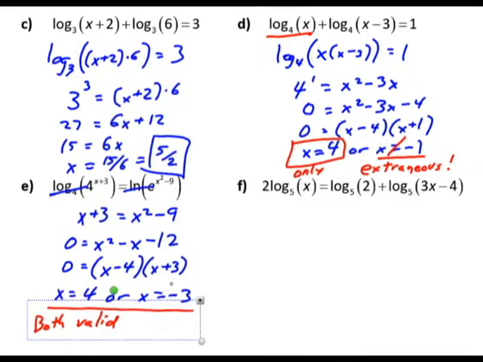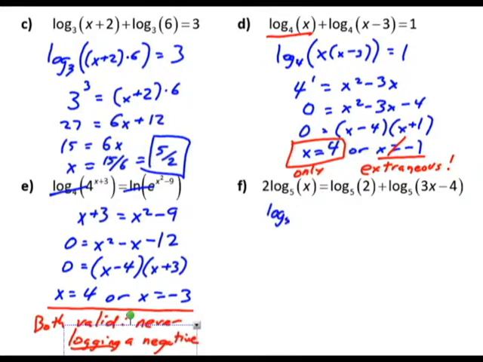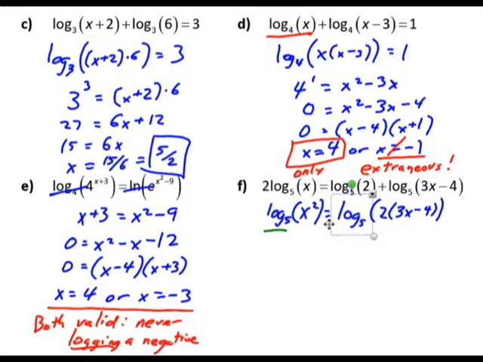This negative 3 ends up as an exponent, so that will yield a positive number. Exponent rule. Product rule. When we have log equals log, we have the one-to-one rule.